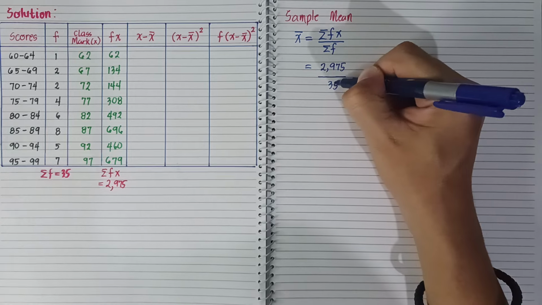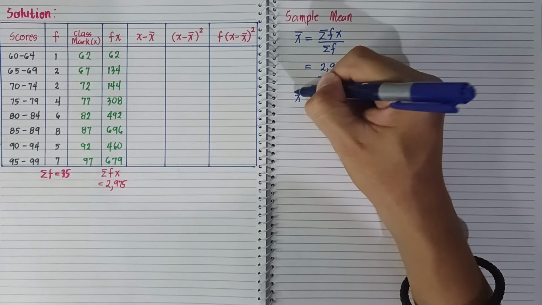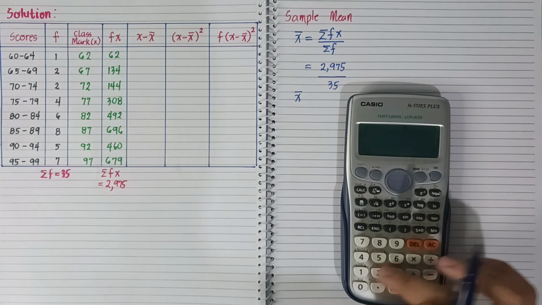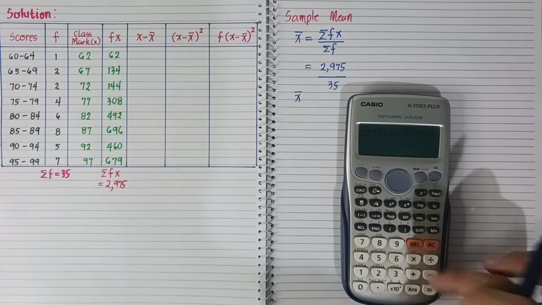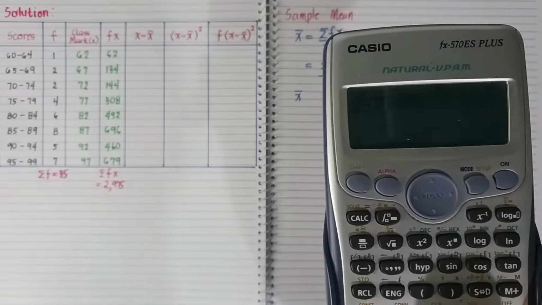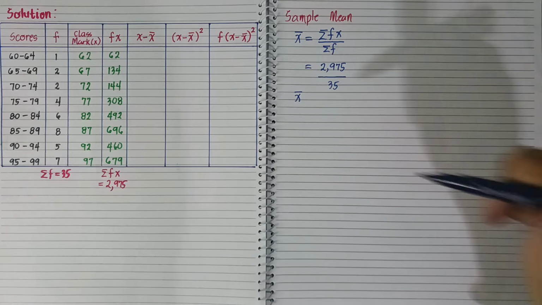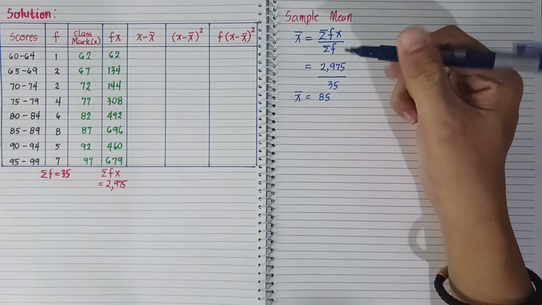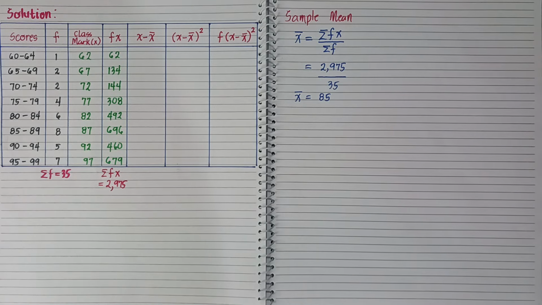So 2,975 divided by 35 is equal to 85. So our x bar, or sample mean, is 85. Nakuha?